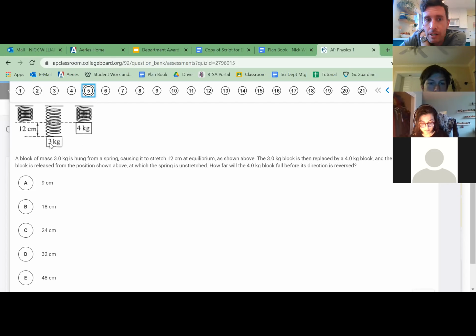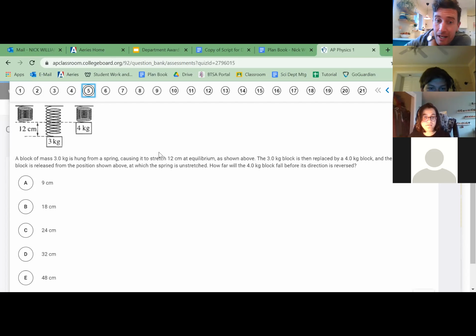So if I increase the force from 3 to 4, I would increase the distance that it stretches by the same ratio. So if 3 kilograms stretches 12 centimeters, using the same ratio, 4 kilograms would stretch 16 centimeters, because 3 times 4 is 12, 4 times 4 is 16.